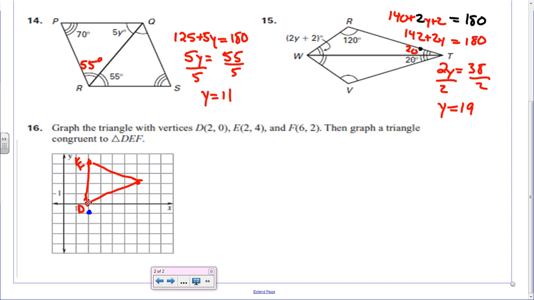Now how far up does it travel? We went up 4, so let's make it go down 4. So we'll say that this is G, H. Now this went over 4 and up 2. So do the same thing. Go over 4 and up 2. That makes that I. So it's GHI. That's all you have to do.